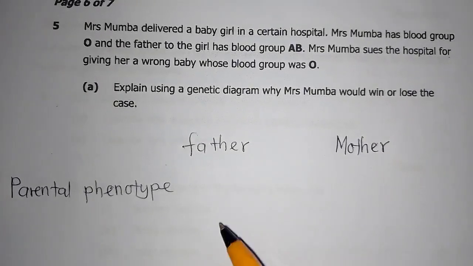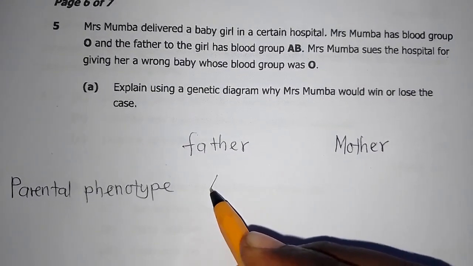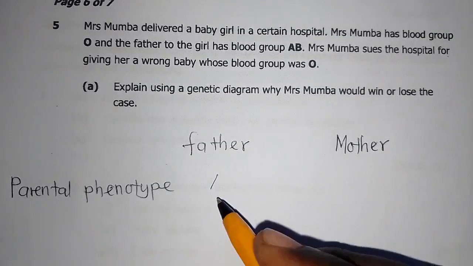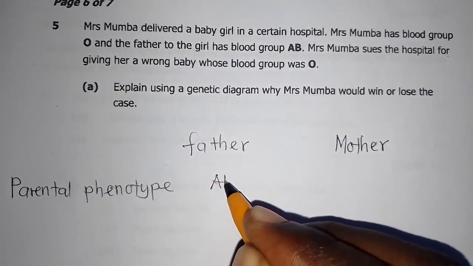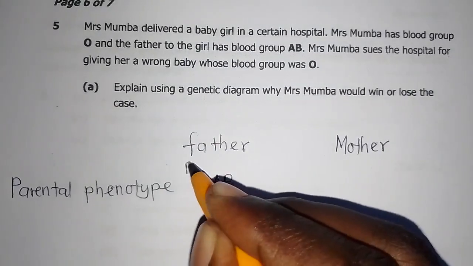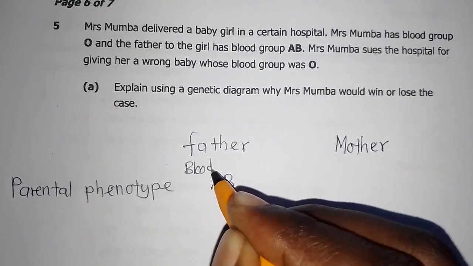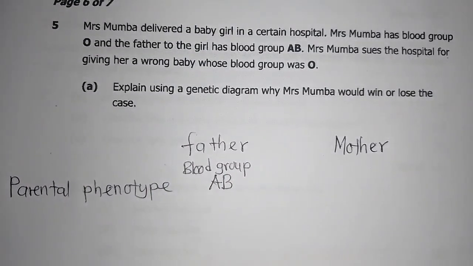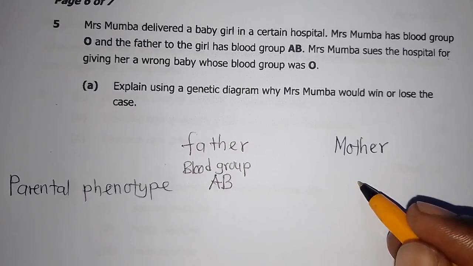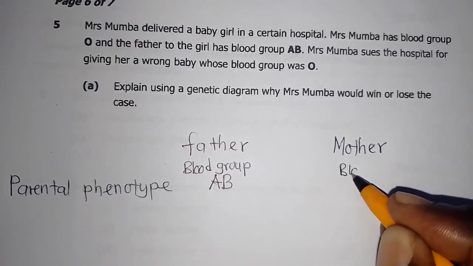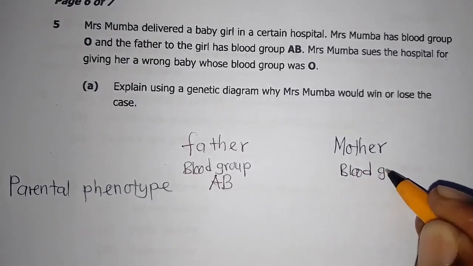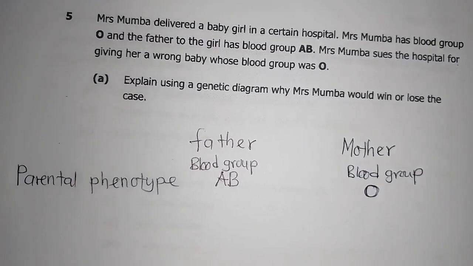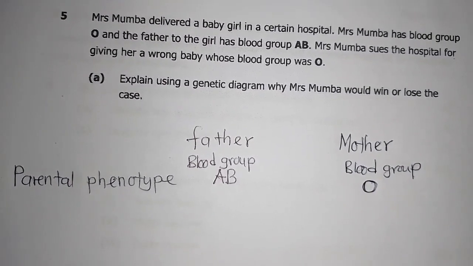The outward appearance: the father is having blood group AB. The mother is having blood group O. So this is the parental phenotype.